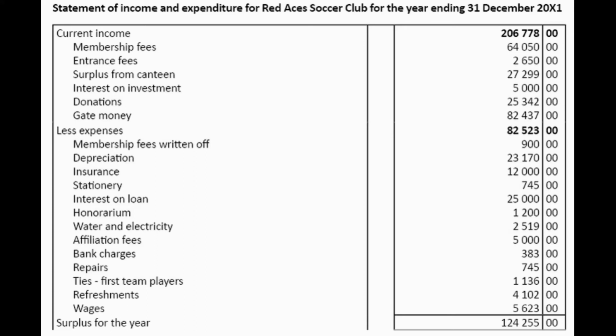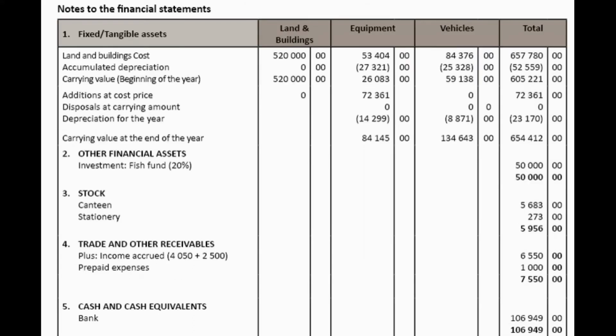Then if you add up your expenses, you get a total of 82,523 for your expenses. And if you deduct that from your current income of 206,778, you get a surplus for the year of 124,255.